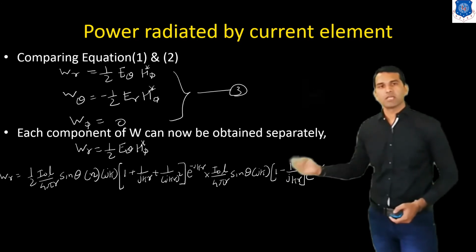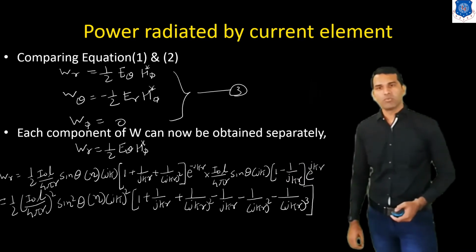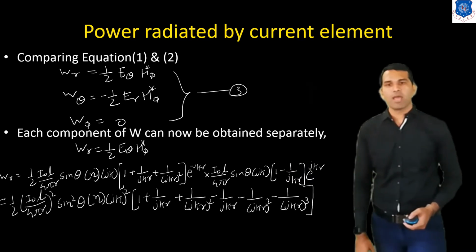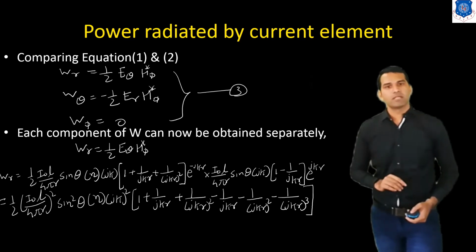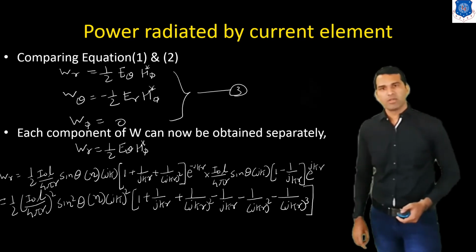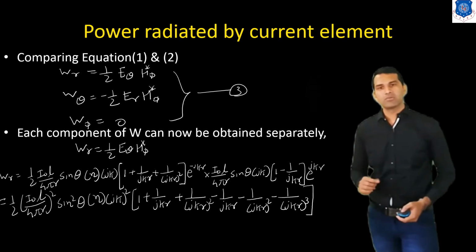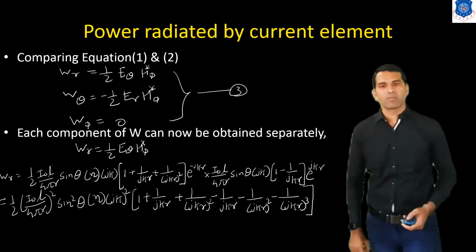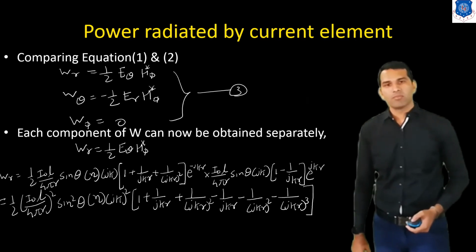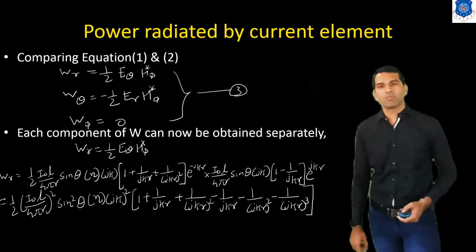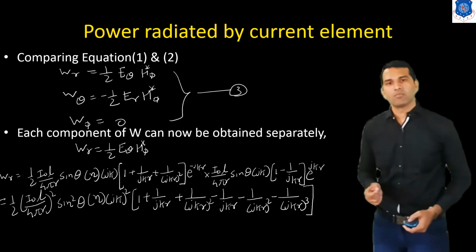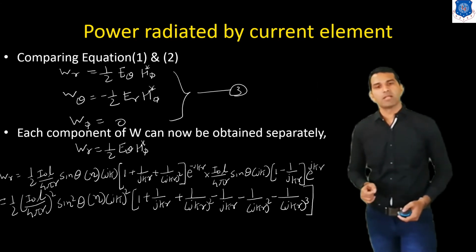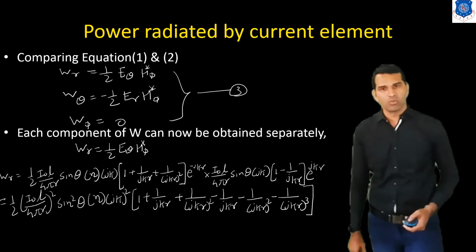Now we solve this equation. We get 1 by 2 times (I0L upon 4 pi r) whole square, sin theta into sin theta gives sin square theta, eta, and jk into jk gives jk square. When we multiply these two, we get 1 plus 1 upon jkr plus 1 upon jkr square minus 1 upon jkr minus 1 upon jkr square minus 1 upon jkr cube.